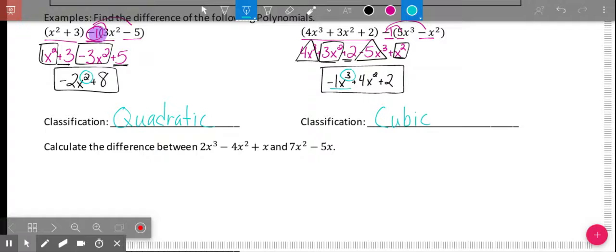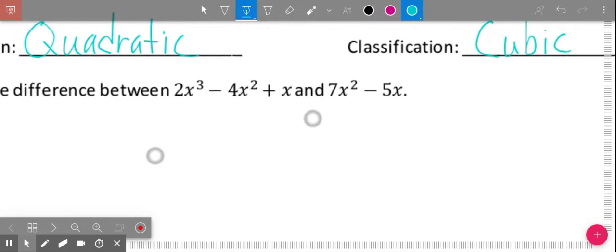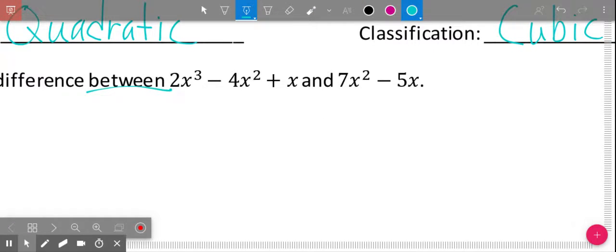All right, so now looking at the last one on this page, it says calculate the difference between 2x cubed minus 4x squared plus x and 7x squared minus 5x. So to set this one up, we're looking for the difference. Since we're looking for the difference, that means we're going to subtract. So we're going to have 2x cubed minus 4x squared plus x.